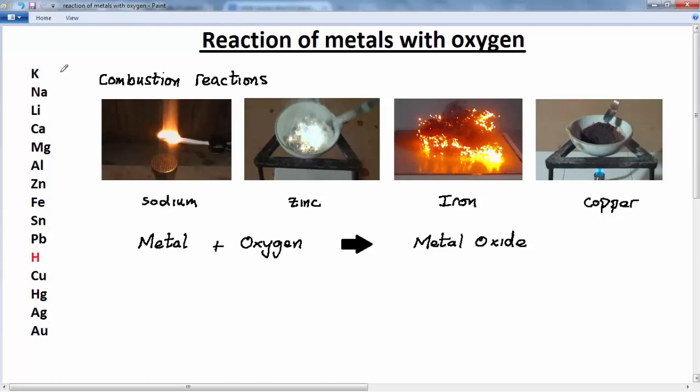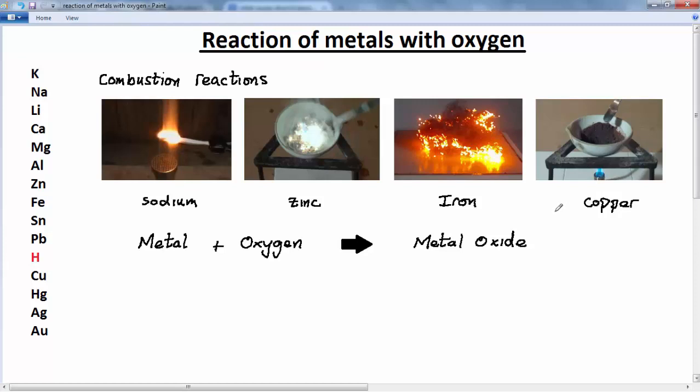Now, the energy or vigour with which the metals react with oxygen again depends upon their position in the reactivity series. So, for example, potassium and sodium here at the top of the table will react, releasing a lot of energy, and they will react quickly, whereas copper down at the bottom end of the table over here will react quite slowly. So in this case I've got the copper powder and I'm heating the copper slowly, but there's no actual ignition of the copper with the oxygen.